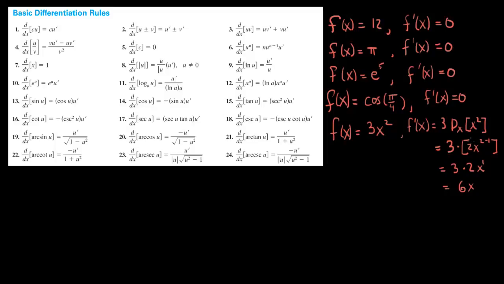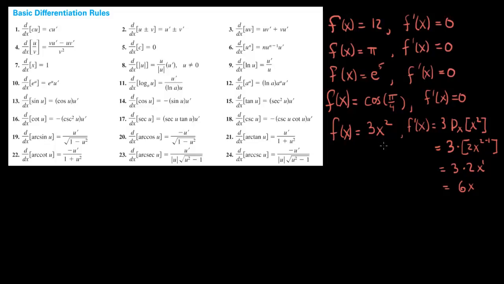Now, once we do a whole lot of these, we won't necessarily have to write all these steps out. Now, if you want partial credit in case you make a mistake, you're probably going to want to write these steps out. But at some point, eventually, we'll get to the point where we can just look at this and say, yep, the derivative of f of x is 6x.